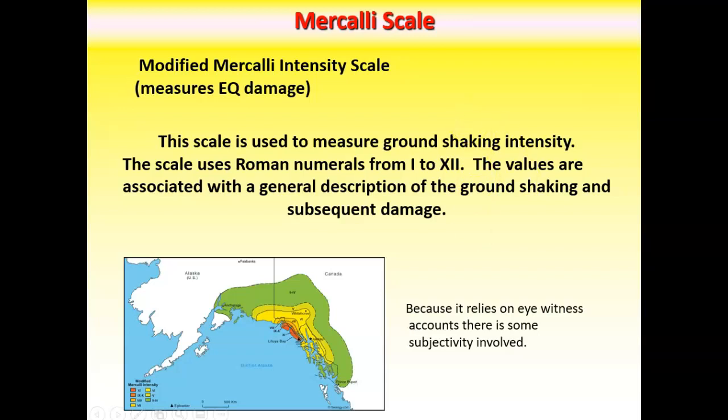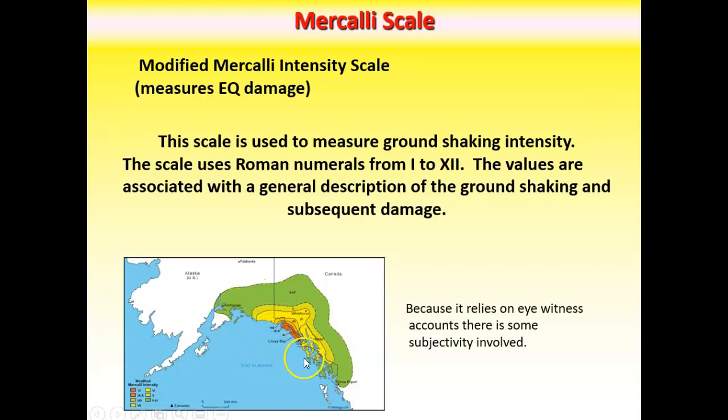And so on a USGS site, after an earthquake, you might see a map like this where the Roman numerals are telling you where the most intense ground shaking was and damage occurred and where the least. And so we can plot these little diagrams that show where the most damage was and where the least. And although in most cases the heaviest damage is near the epicenter, we do get some weird shaped things.